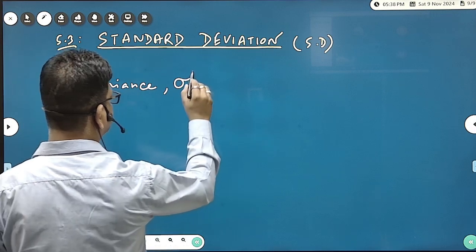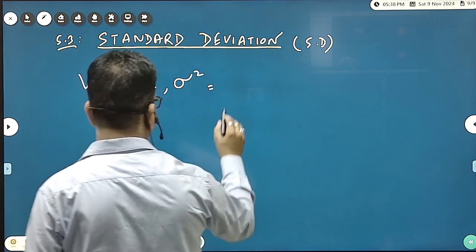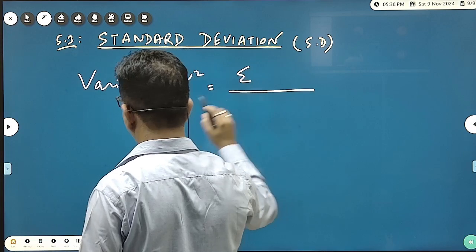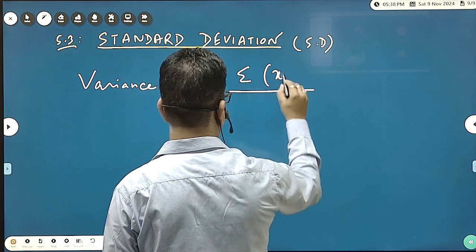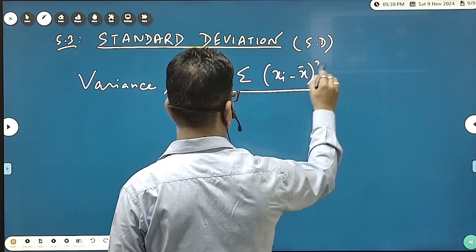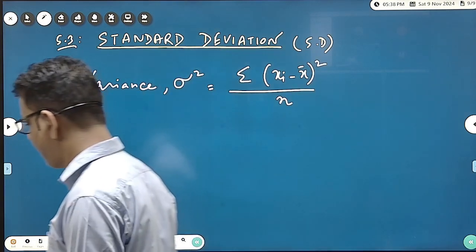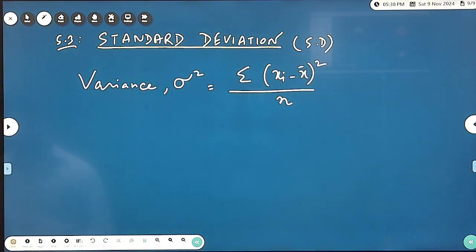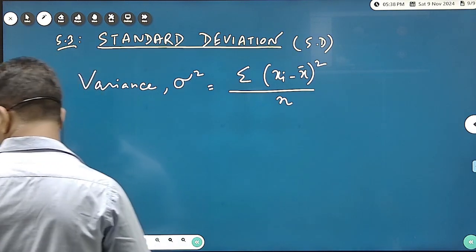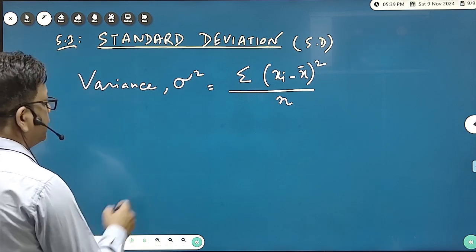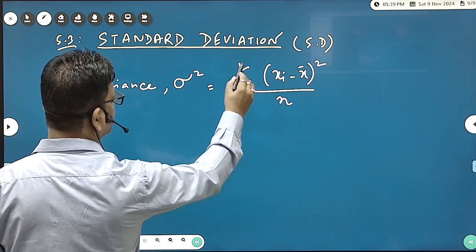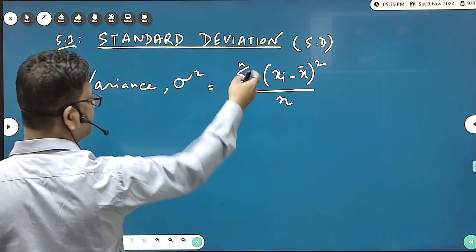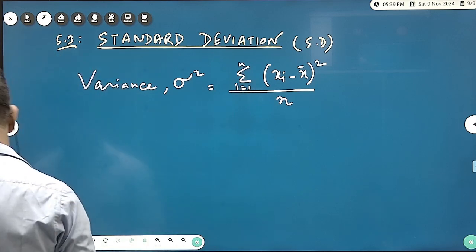So sigma square is summation of, I'm writing first for discrete data, xi minus x bar whole square divided by n. Here you can write i equal to 1 to n. That means total how many numbers are there. Now, this is the variance formula.